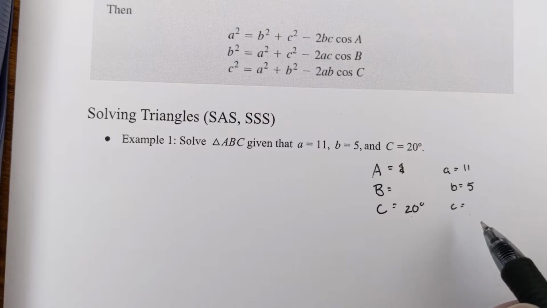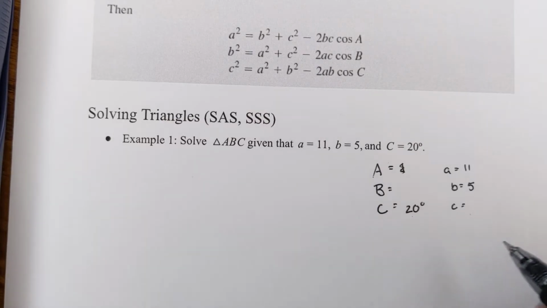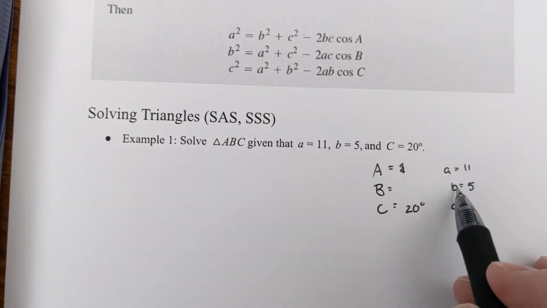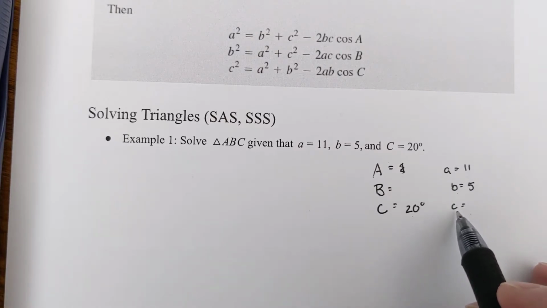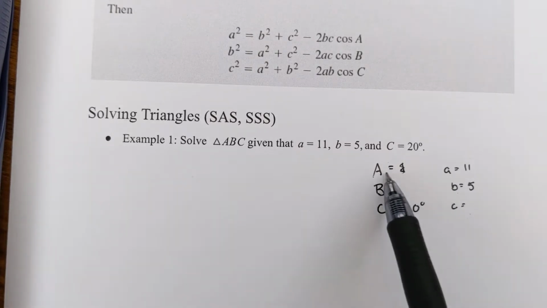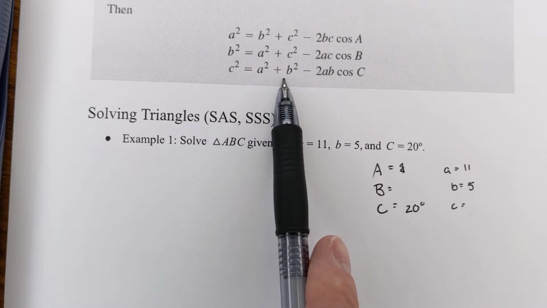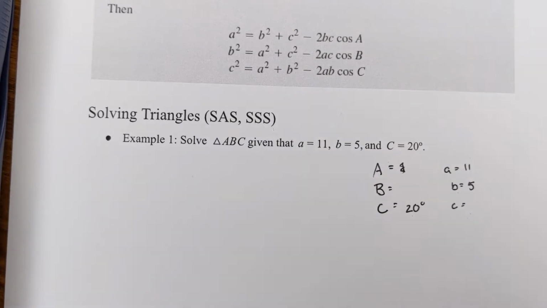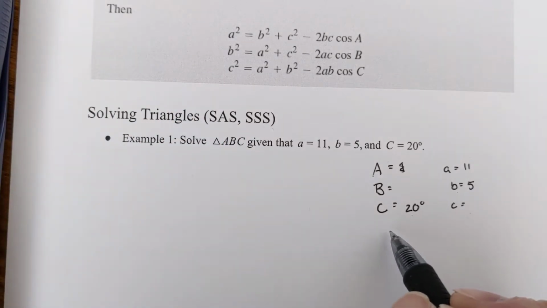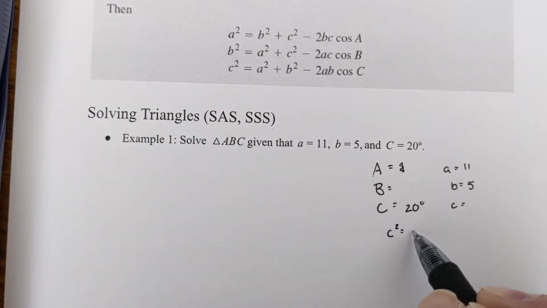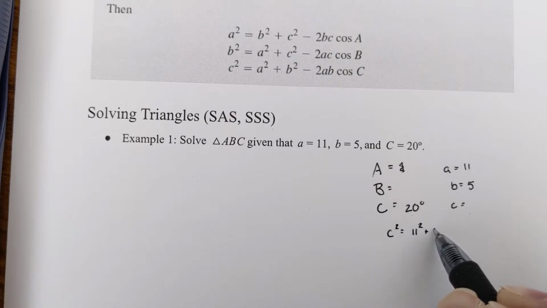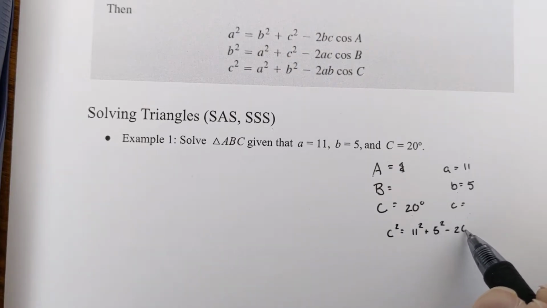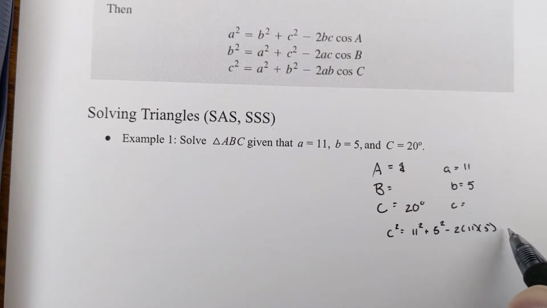However, you usually use law of cosines if you have two sides and are missing the third. If you look at my formula for little c, I need side a, side b, and angle C, and I have side a, side b, and angle C. So I can start with this c squared equation: c squared equals a squared plus b squared minus 2 times a times b times the cosine of my angle.